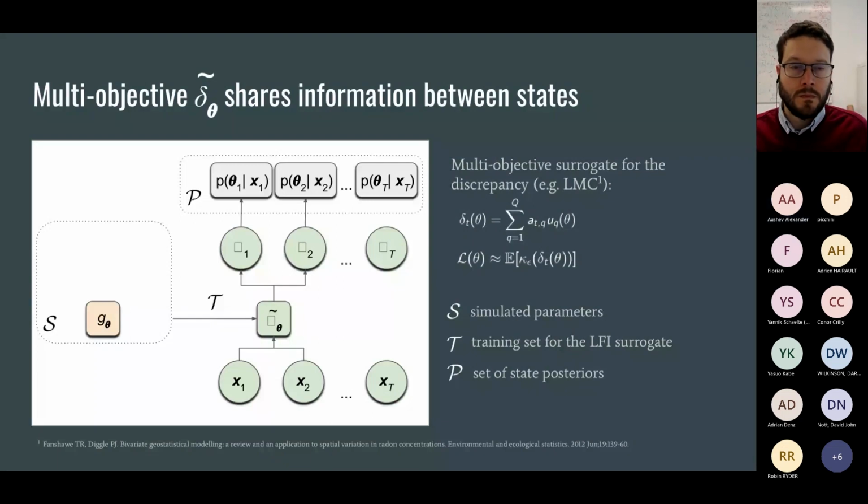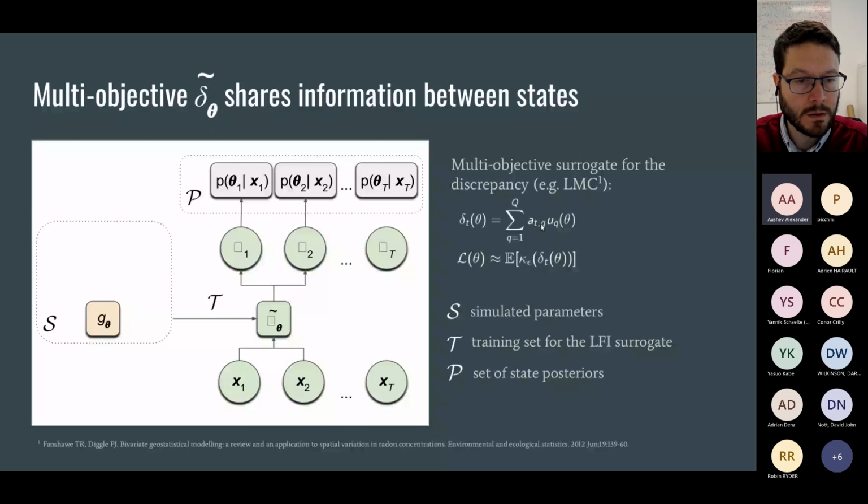And here we're proposing to use a multi-objective surrogate, for instance, a linear model of coregionalization, which essentially represents the objectives as a linear combination of Gaussian processes, where A is the coefficient of the linear combination, and U is a latent Gaussian process.